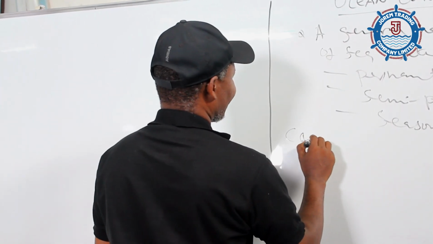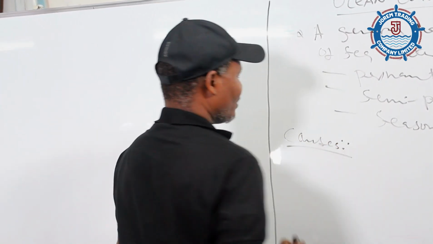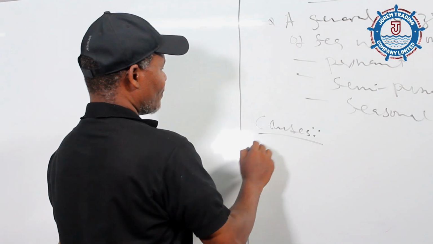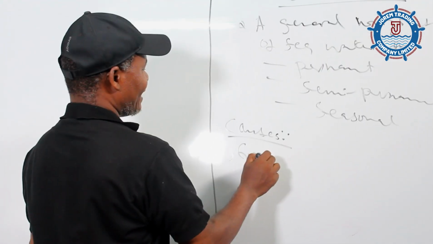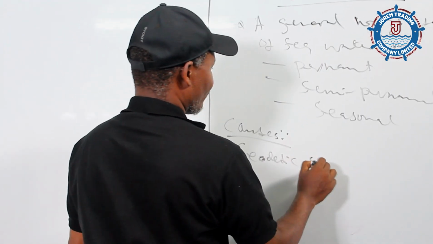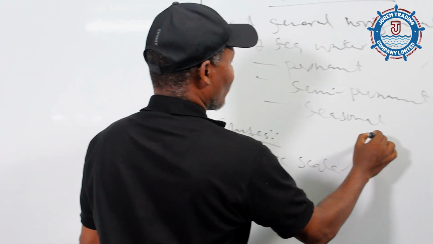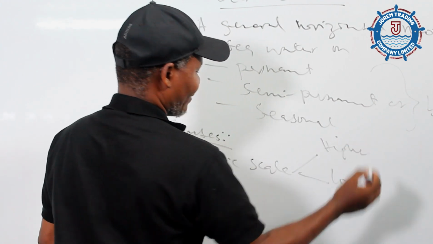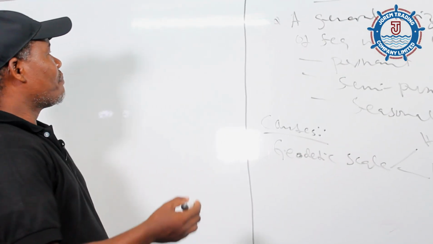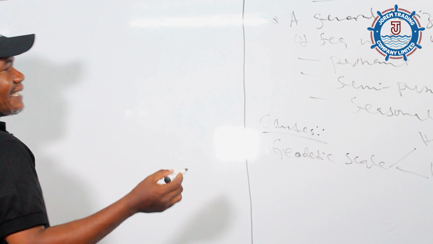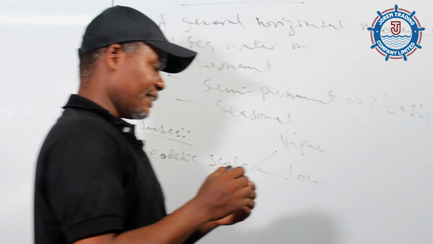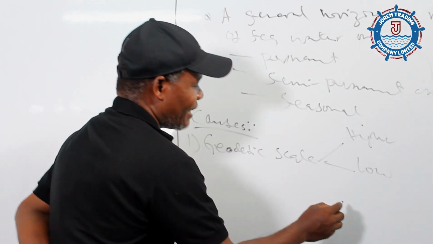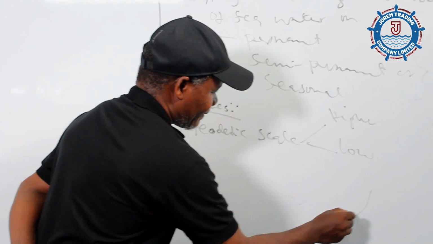What causes ocean currents? Ocean currents can either be caused by geodetic scale of the earth, which means one side being higher than the other one. For example, the Mediterranean Sea and the Atlantic Ocean.